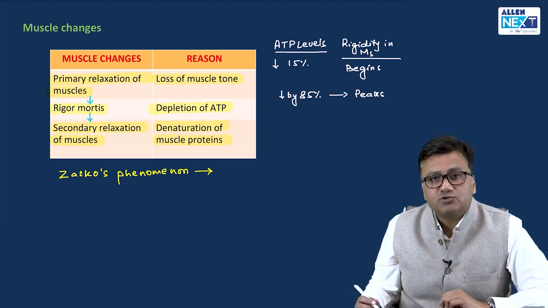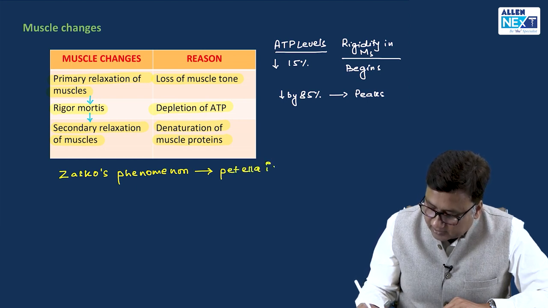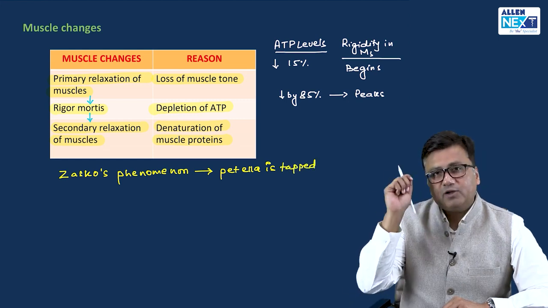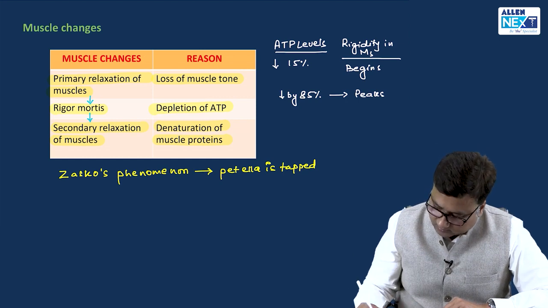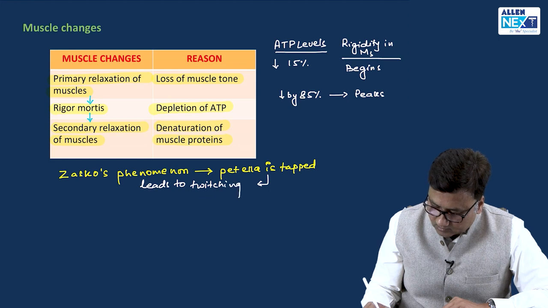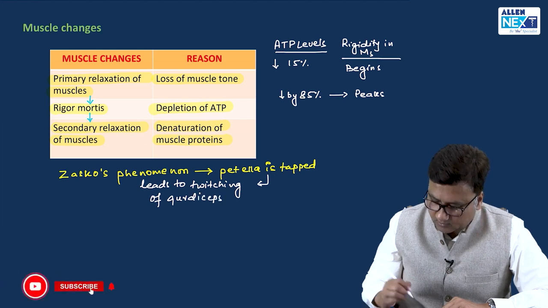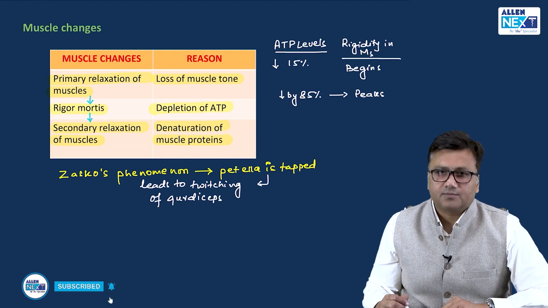What is done in Zasco's phenomenon is that the patella is tapped, and tapping of the patella leads to twitching of the quadriceps muscle.